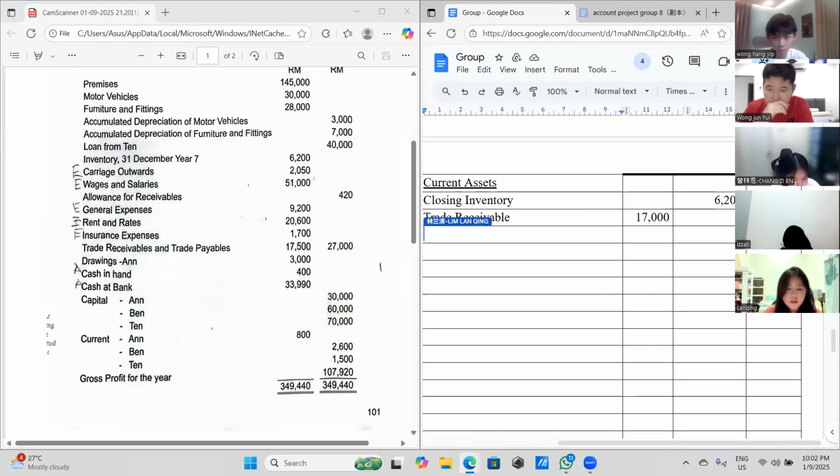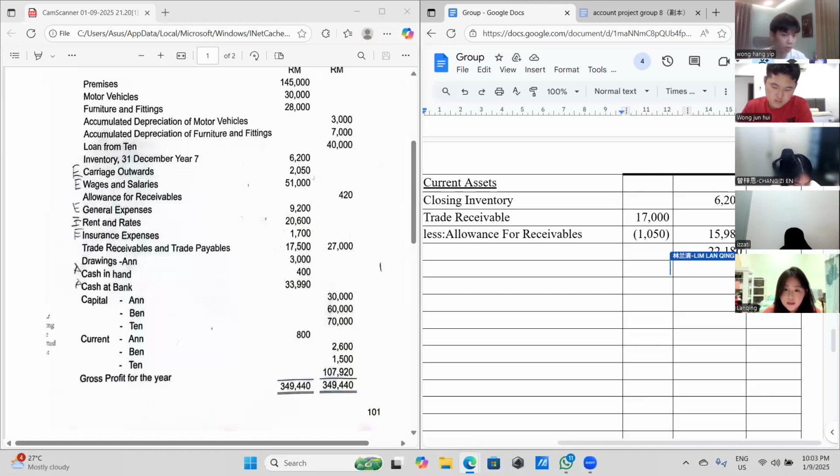And then we need to less allowance for receivable, which is negative 1,050. And then this one, less together, minus it, will be 15,980. So we add the closing inventory and the trade receivable less allowance for receivable, which will be 22,100.